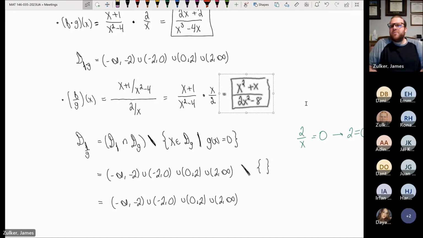That's 0. So if you just looked at what's boxed, you would come to the conclusion that 0 is in the domain, but yet it's not in our domain.